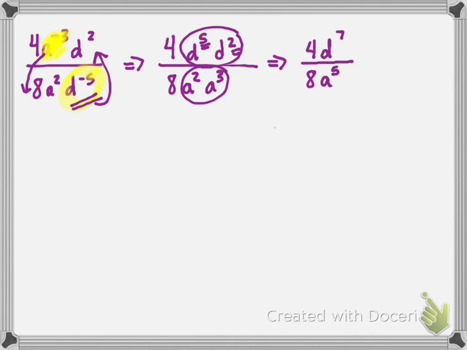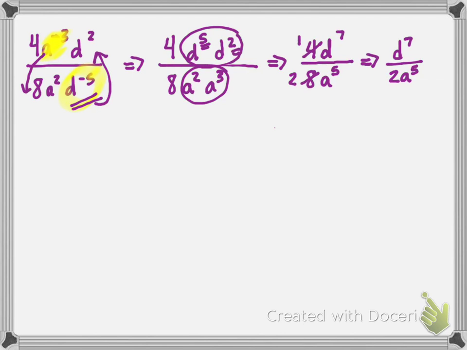I can divide the top and the bottom, 4 and 8, both by the same thing. If I divide the top by 4, I get 1, and divide the bottom by 4, I get 2. So I have 1 d to the 7th over 2 a to the 5th. They're just like little puzzles. You just have to keep simplifying until you can't simplify anything anymore.